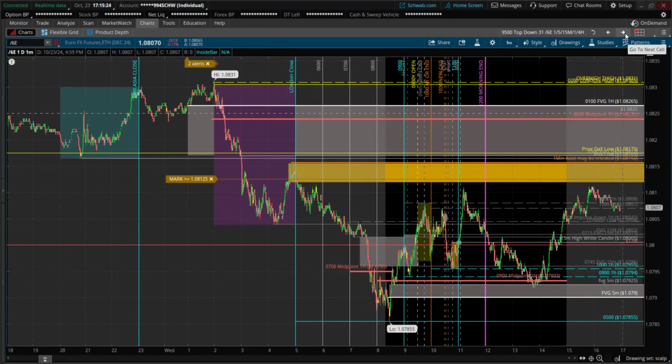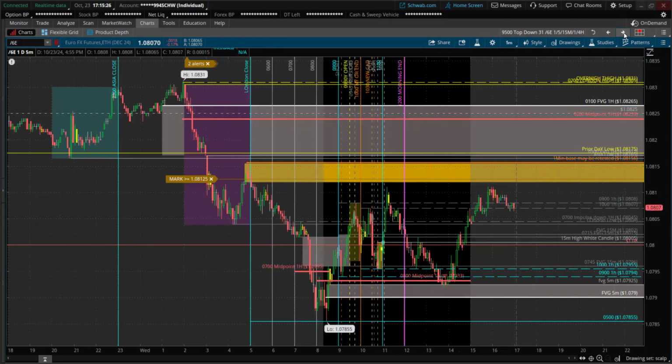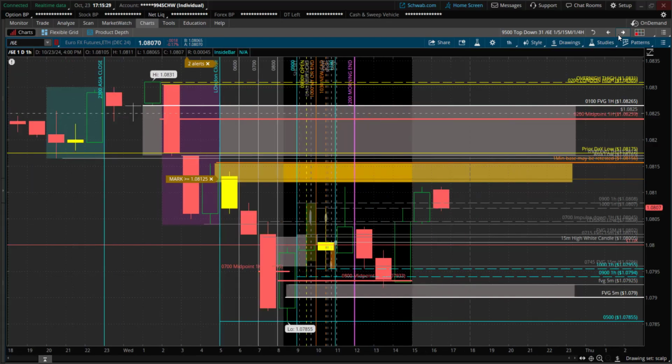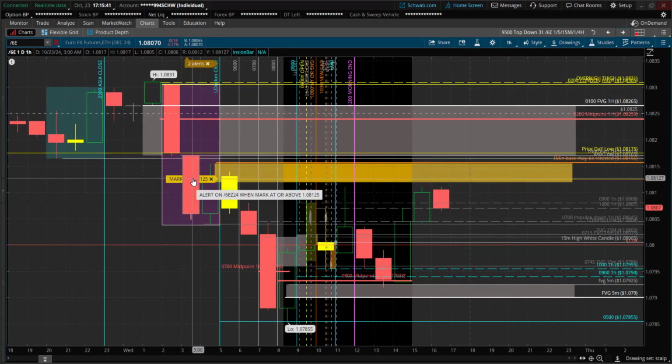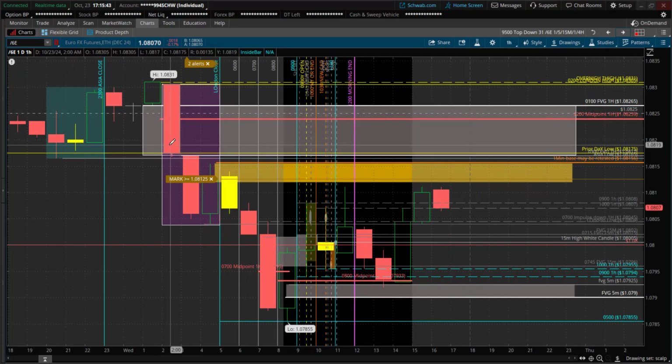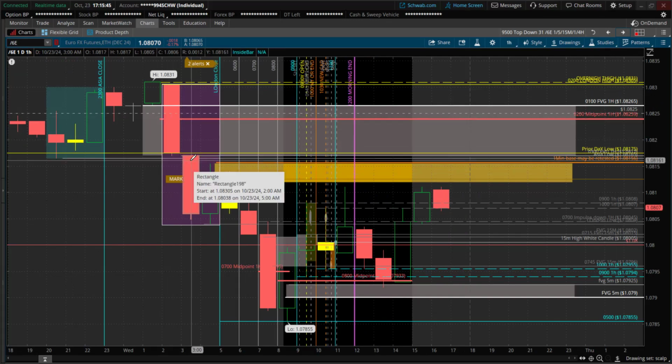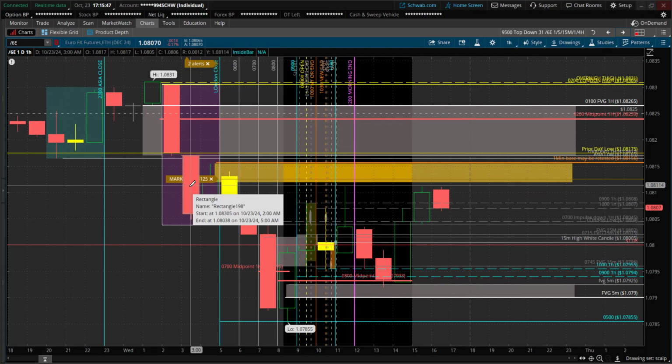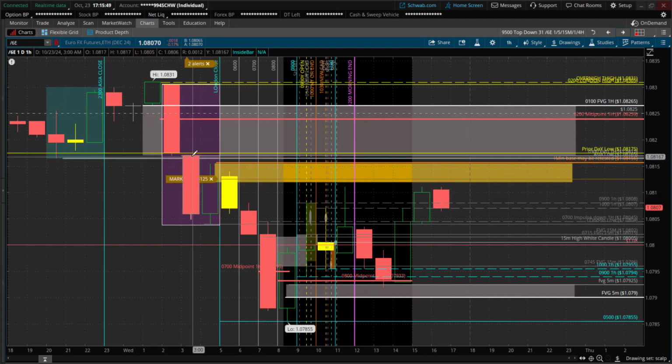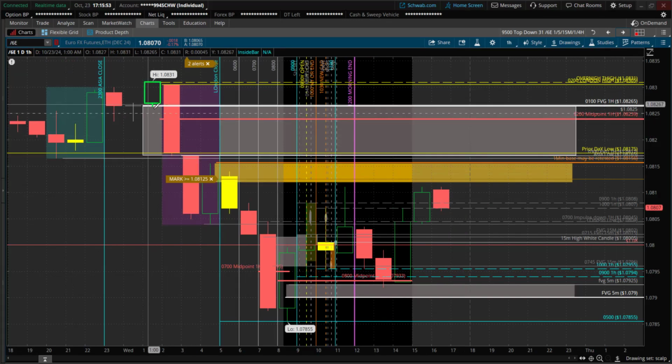I want to show you something else now. We are now looking at a 1-hour chart on the euro again. So here during the Asian session, that first 1-hour candle, second 1-hour candle. So this first 1-hour candle, big bearish body, second 1-hour candle, big bearish body. Very little to no wick on the top of here. But the top of this red candle never made contact with this green candle.